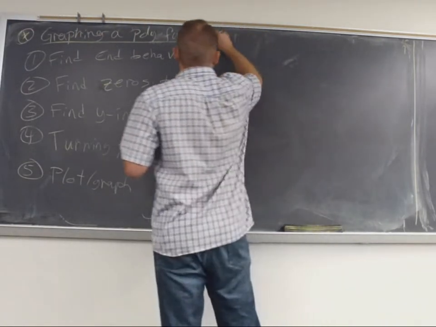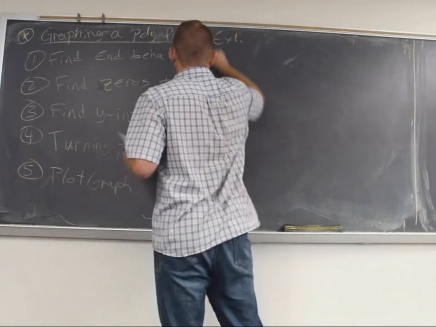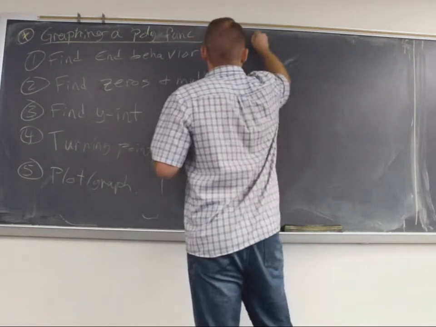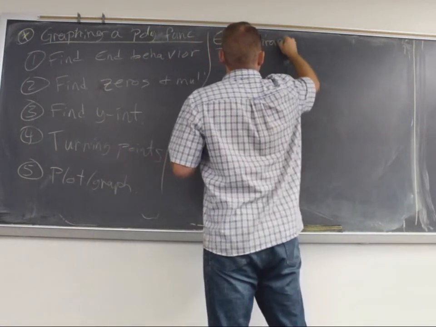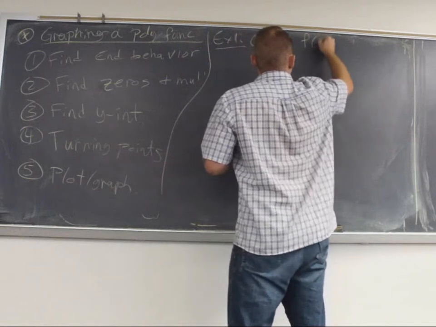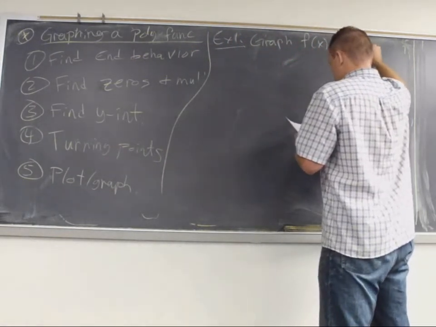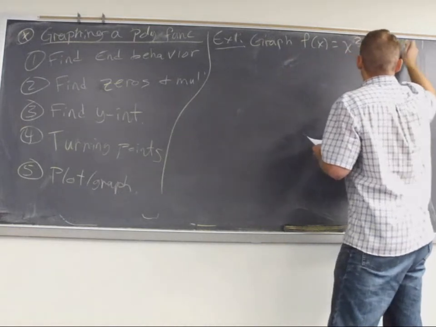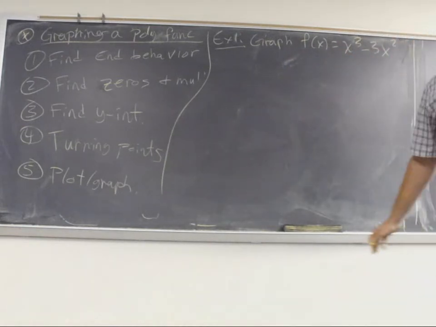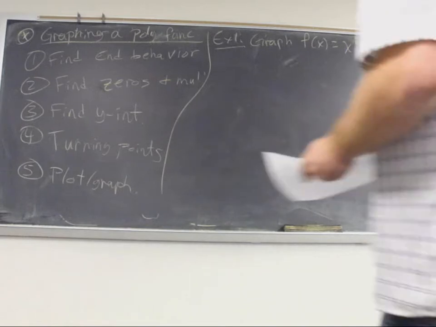So example 1, graph, let's call it f of x equals x cubed minus 3x squared, using the steps over here.